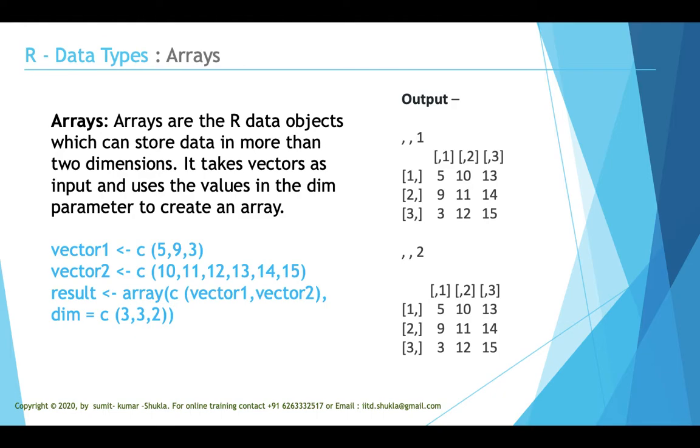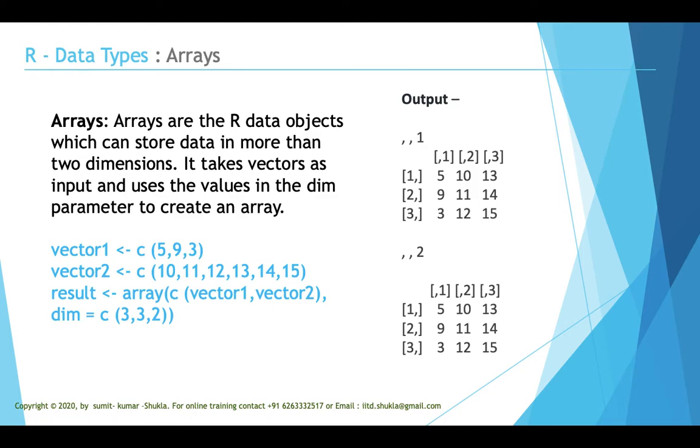More specifically, if I create an array of dimension 2, 3, 4, then it creates 4 rectangular matrices, each with 2 rows and 3 columns. I will be doing the practical, you'll see.